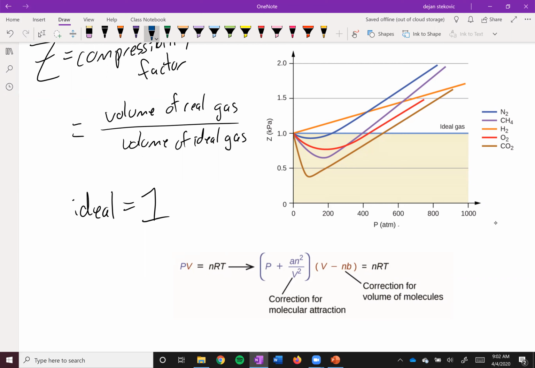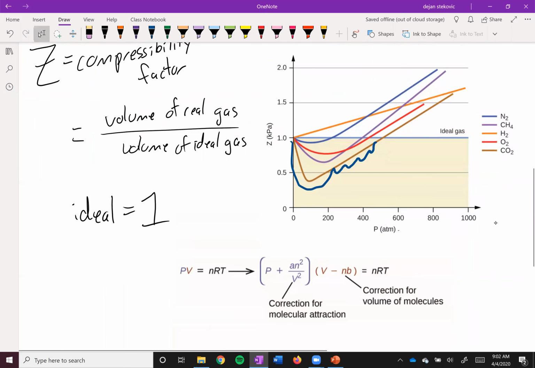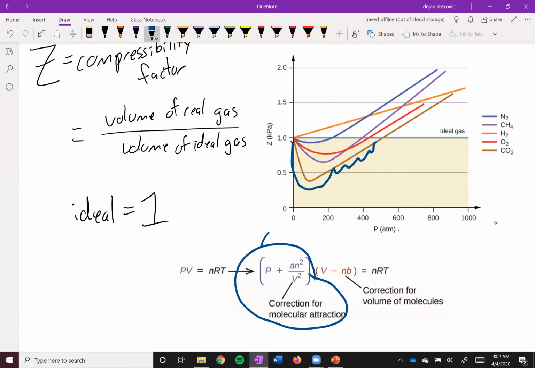You can see here that in this part of the plot, Z is less than what would be expected, right? So the volume of our real gas is smaller than what would be expected. And that's because the molecules are attracted to one another. So that's what this part is important for. At low pressure, you have to correct for the attraction of the molecules.